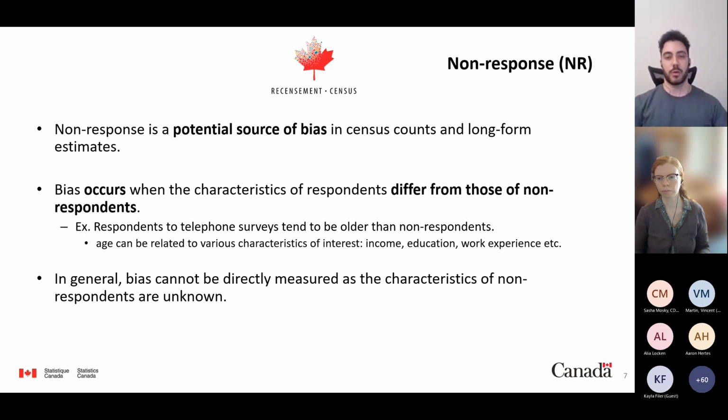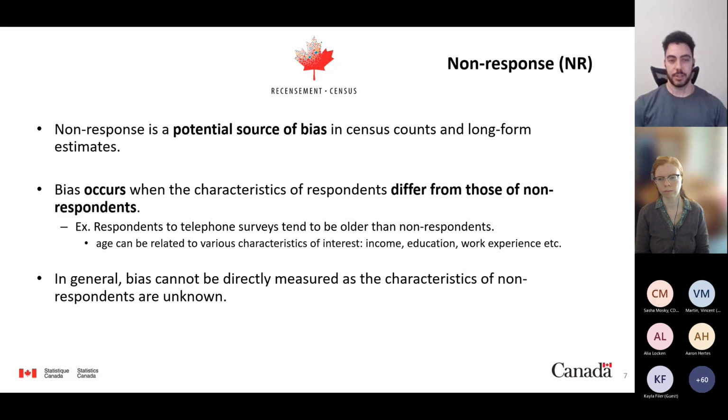So why is non-response an issue in surveys and in the census? The reason is because it can be a potential source of bias in census counts and in long form estimates. A bias due to non-response could occur if the characteristics of respondents are different from the characteristics of non-respondents.